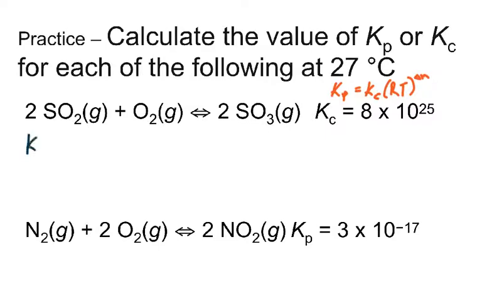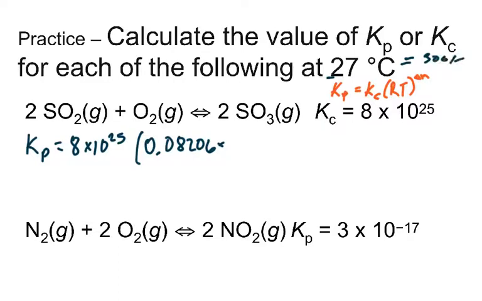And so our Kp is going to be that Kc value, 8 times 10 to the 25th, times R, 0.08206, times our temperature, 27 degrees Celsius, is 300 Kelvin. Our temperature always needs to be in Kelvin when we're dealing with gases here.